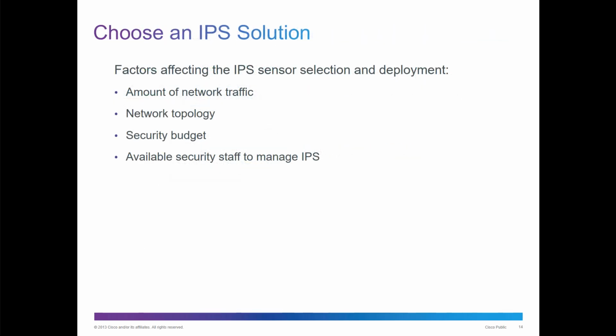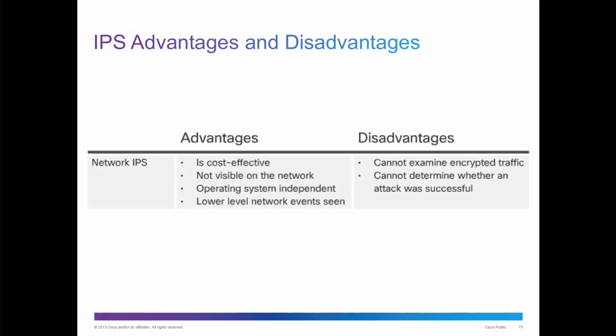Factors for choosing an IPS solution: the amount of traffic, amount of bandwidth, architecture, design, budget, and the available security staff to manage it. Network IPSs, again, are cost effective and operating system independent. Not being able to look at encrypted traffic is a disadvantage.